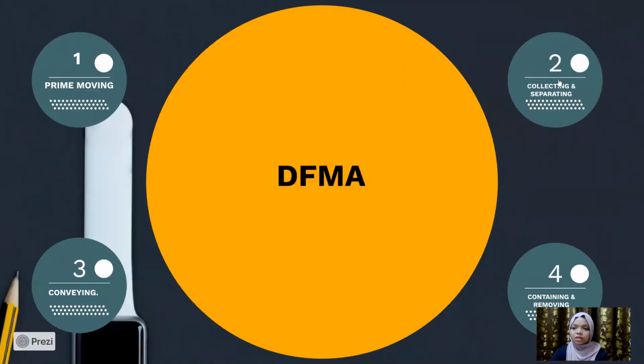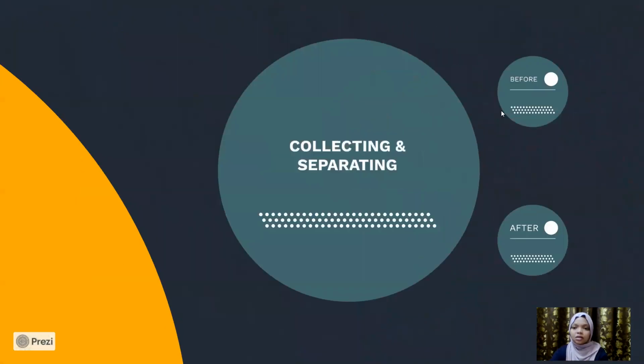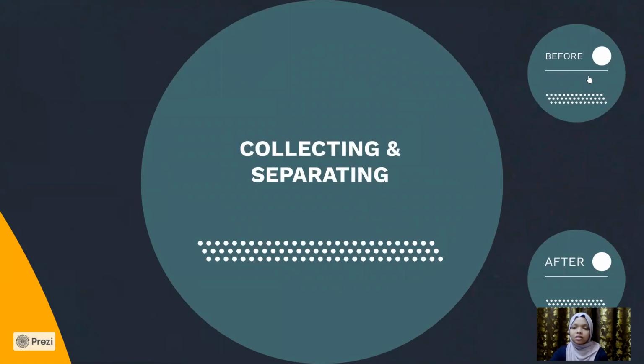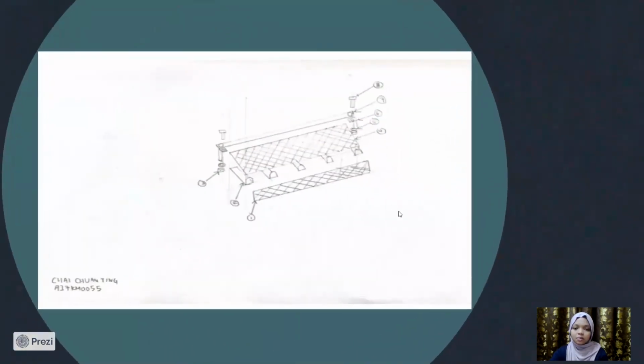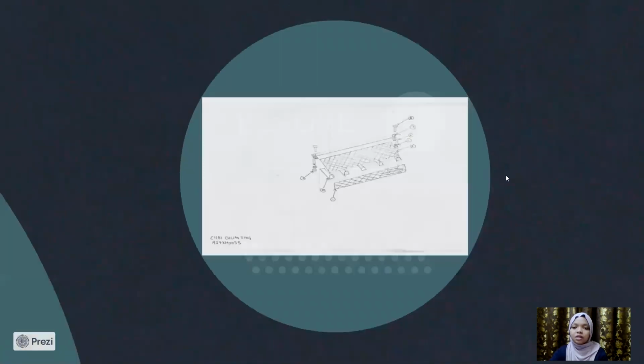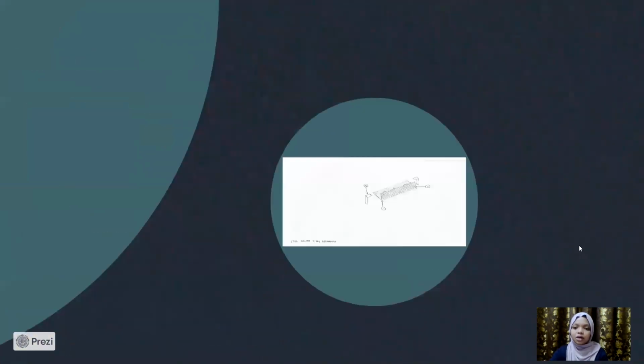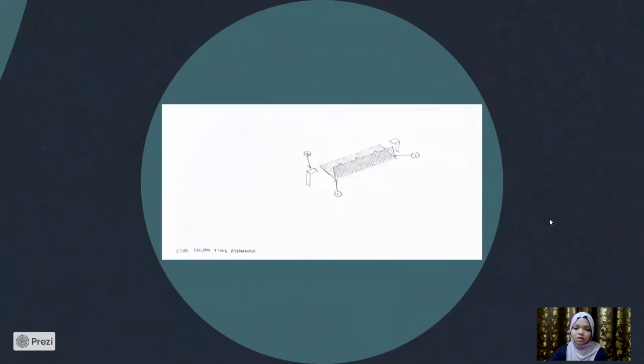The second one is collecting and separating. This is the design before. As you can see, there are many parts for collecting and separating. After DFMA, we reduced it to 3 parts only.